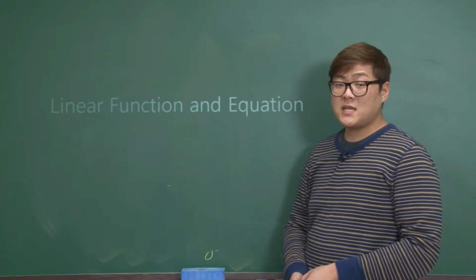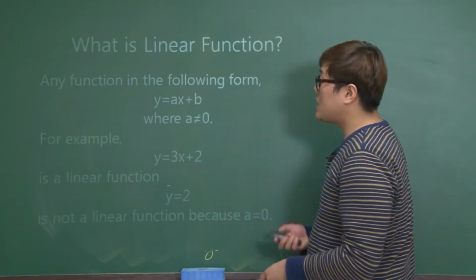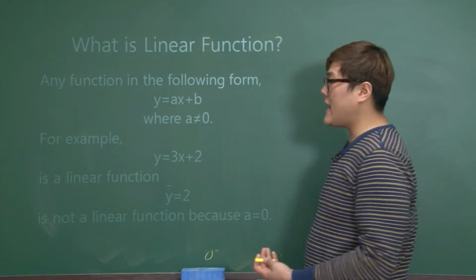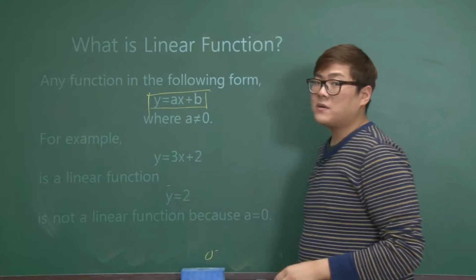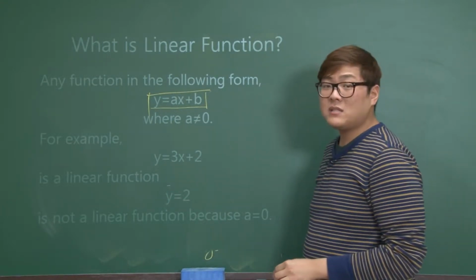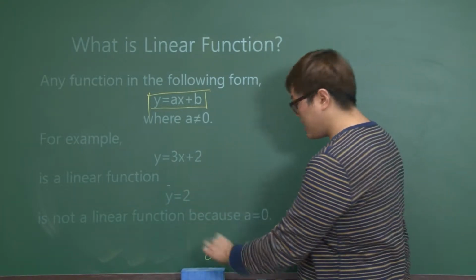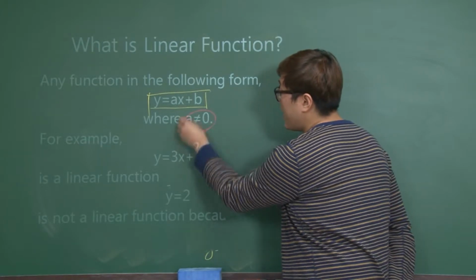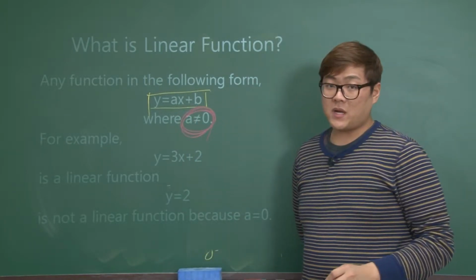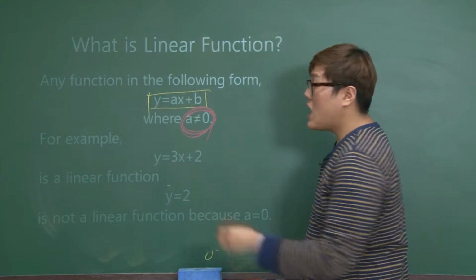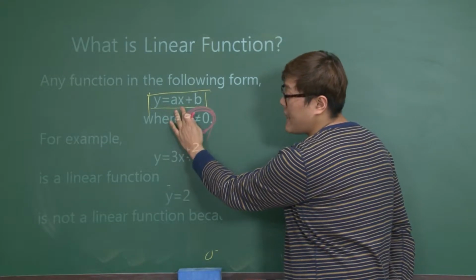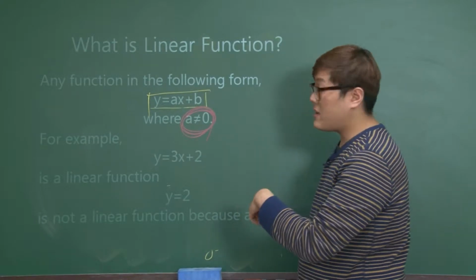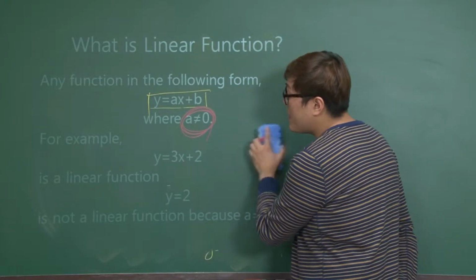Linear function and equations. So what is a linear function? Like I said, any function in this form, y equals ax plus b, is called a linear function. But there's one really important thing: a cannot be 0, which means the coefficient of x is never 0.